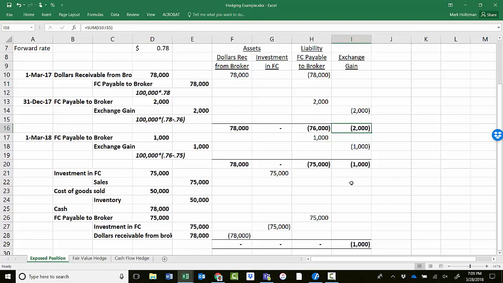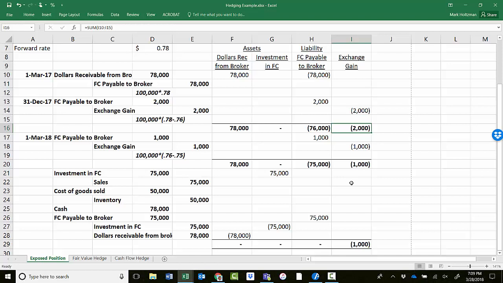So basically, again, what you have here is two different things going on at the same time. If you take this perspective of an exposed position, you have on the one hand a hedge, which is simply an investment. It's a financial instrument. And on the other hand, you have a contract to sell goods for 100,000 euros. And we know how to sell goods for euros because that was at the beginning of chapter 11.